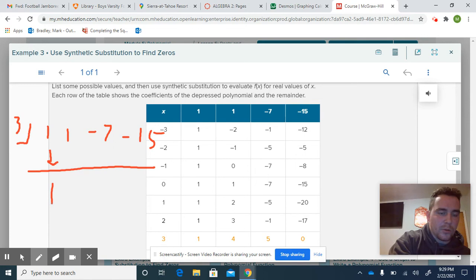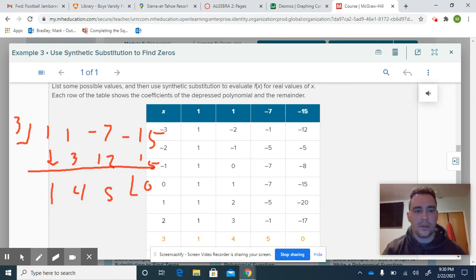Then we do 3 times 1, which is going to be 3. Add those together, 1 and 3, which is 4. Multiply 3 and 4 together, which is going to be 12. Negative 7 and 12 is going to be 5. 3 times 5 is going to be 15. That's how you get your 0 right there.